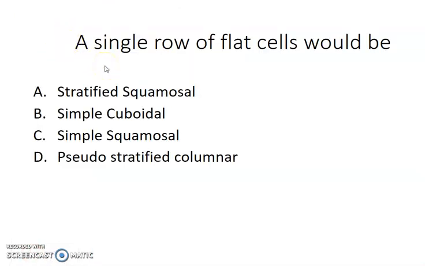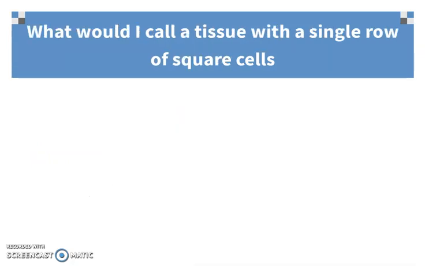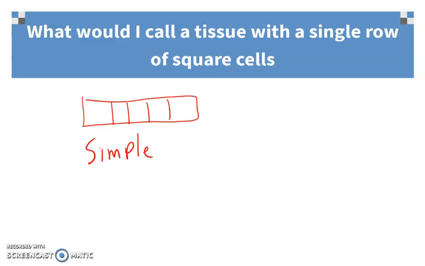So, what would a single row of flat cells be? That would be single row is simple. Flat is squamous, so it is C. Same question. What would I call a tissue that is a single row of square cells? The single row, the first name would be simple, and the last name would be cuboidal.